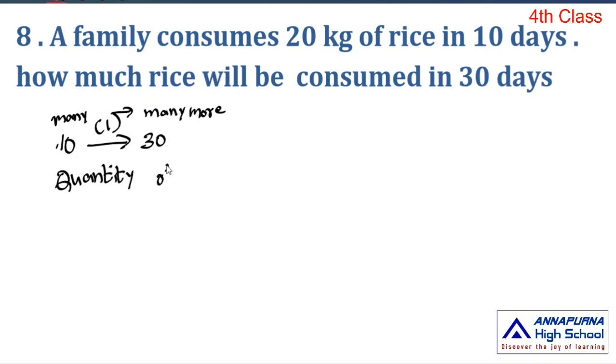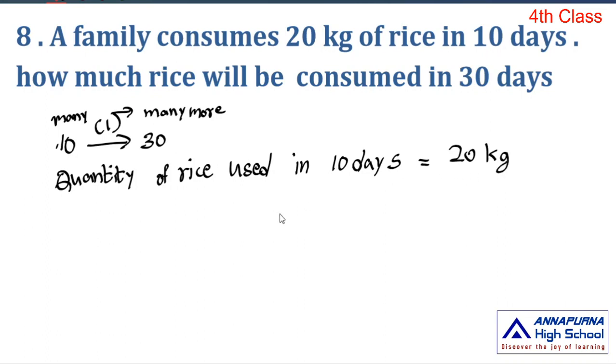Quantity of rice used in 10 days. In 10 days how much rice are they using? 20 kg. Okay children, so in one day how much rice do they use?